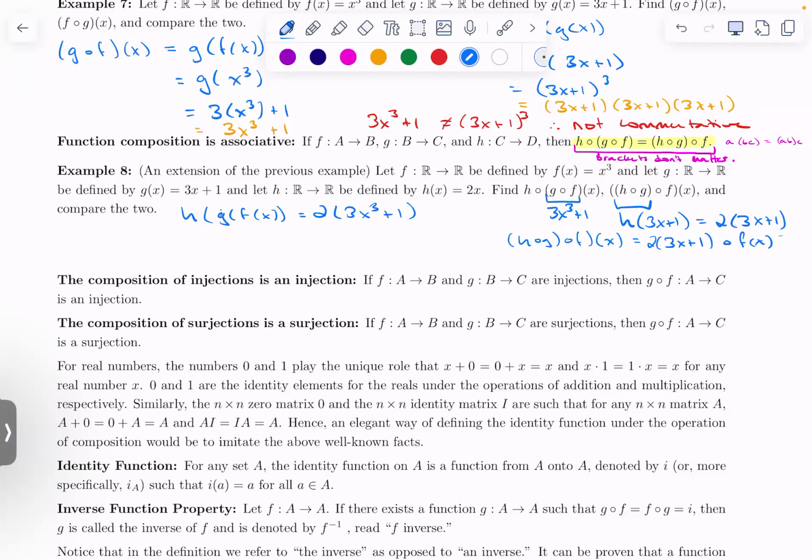So wherever I see x to the 3, you do get 2 times 3 times x to the 3 plus 1. They are the same, just tricky.